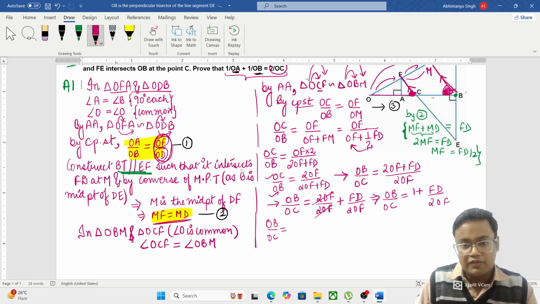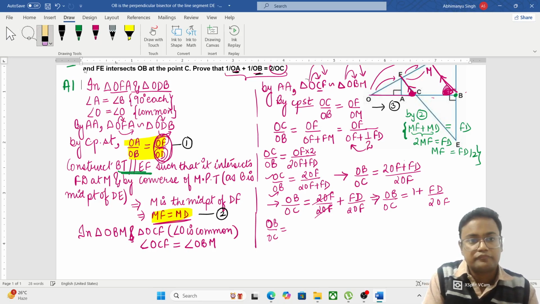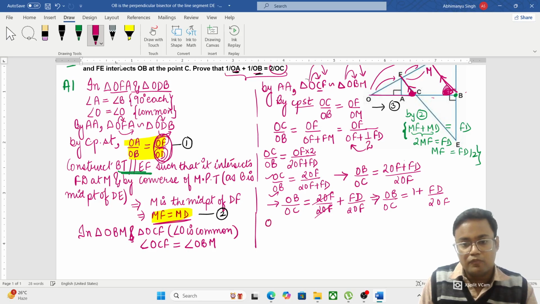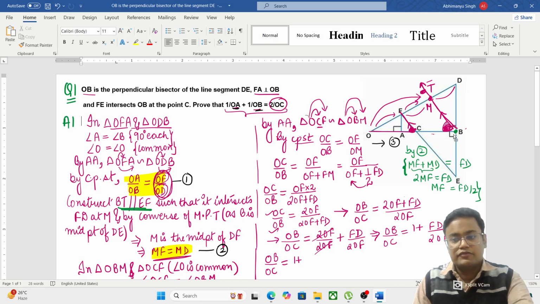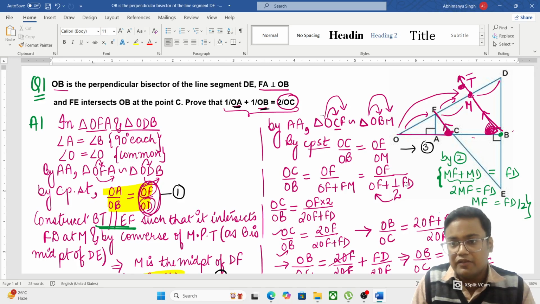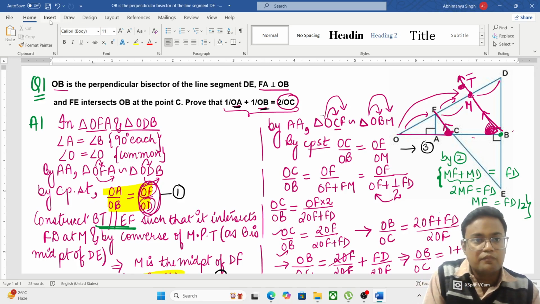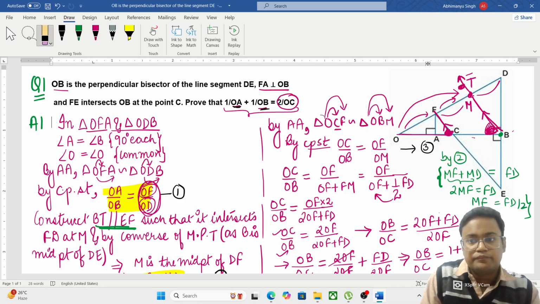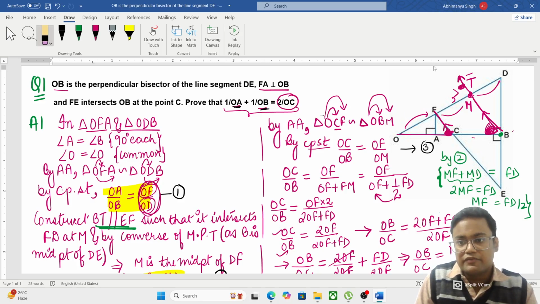So I can see that OB upon OC I can write as 1 plus, instead of FD, children, see the diagram carefully. Instead of FD, if you see it closely, let me erase these lines.